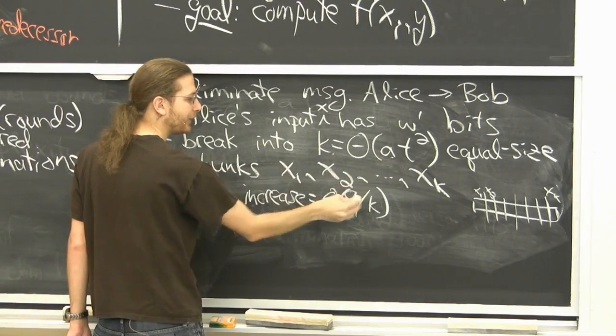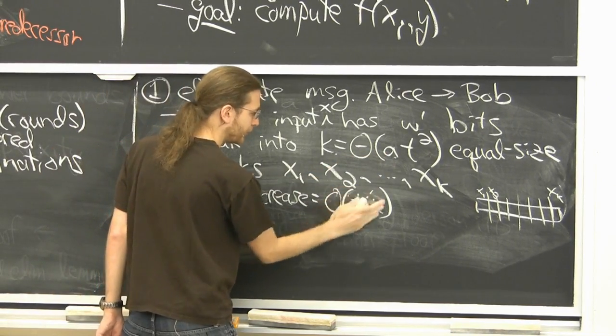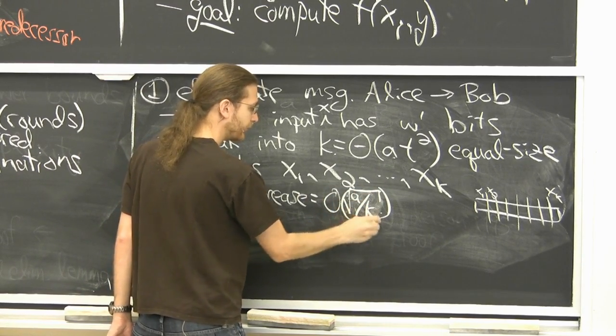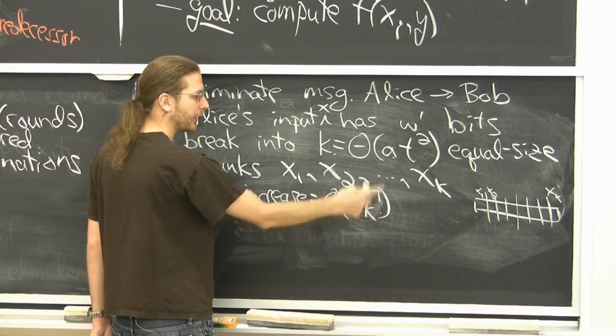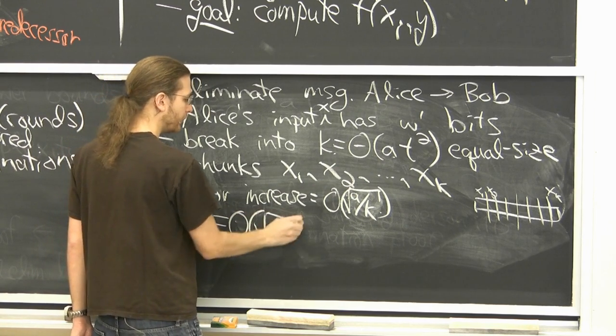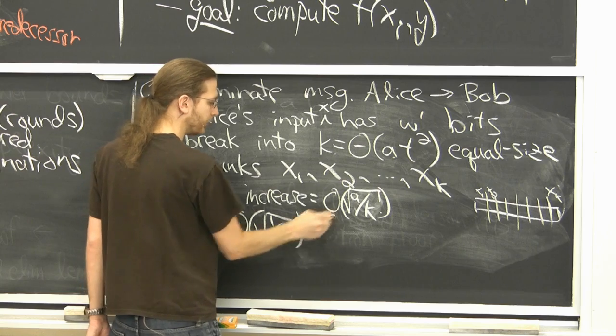So the a's cancel. A over k was the wrong analysis; square root of a over k is the correct bound. Still the a's cancel, so k has an a factor. And so we get order square root of 1 over t squared, also known as 1 over t.